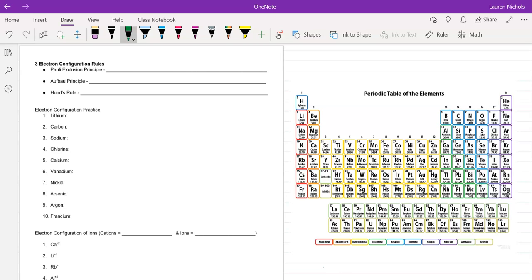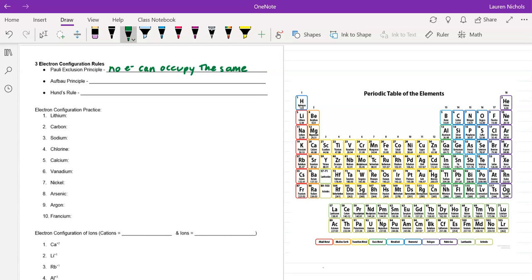So there are 3 rules that we need to talk about with electron configuration, and for the sake of your test and things like that, you're not going to have to remember their names, but you do need to understand the principles. They're pretty basic. So the Pauli exclusion principle says that no electron can occupy the same space.